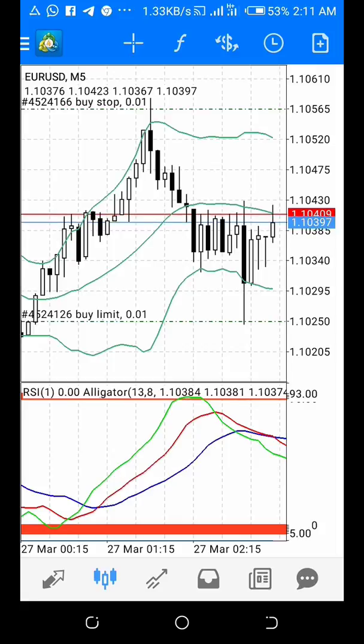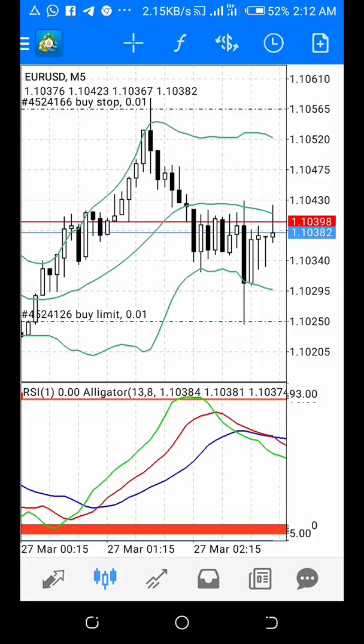So we move to the next pending order, which is sell stop. What is sell stop? Sell stop is when an order is placed below the price and the price keeps going down. So from my analysis, the current price is 1.10396. So if my trade can get to 1.10205, there is nothing, my trade is coming down.